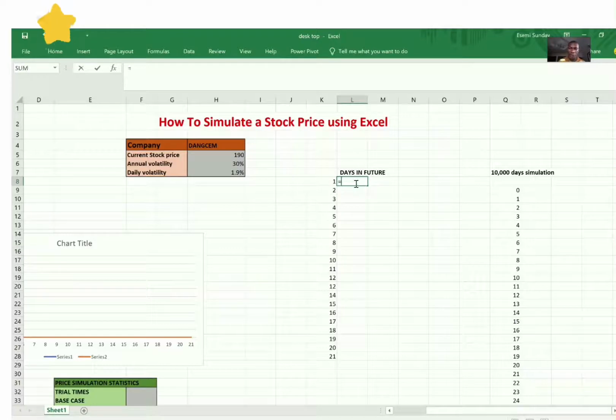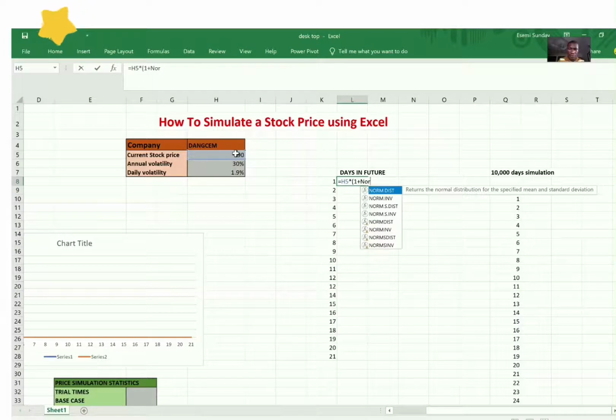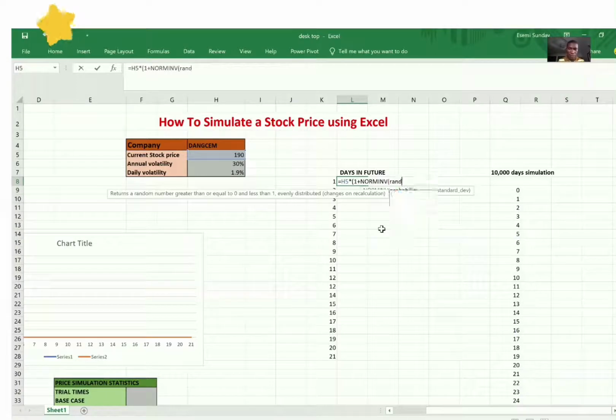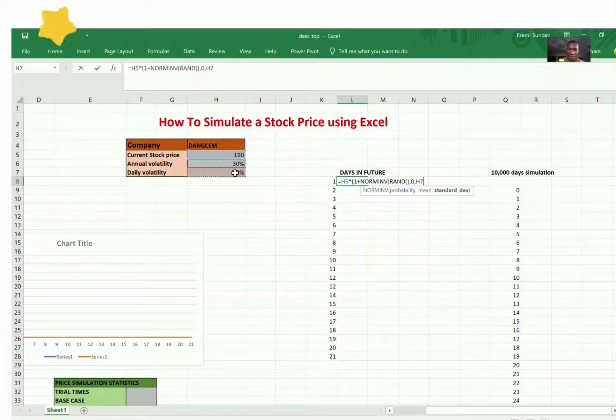So if we want to predict the next day, we take the current stock price multiplied by 1 plus the nominal value of random numbers of a probability, beginning from 0, then increasing by the daily volatility rate, since we are looking for 1 day's price.